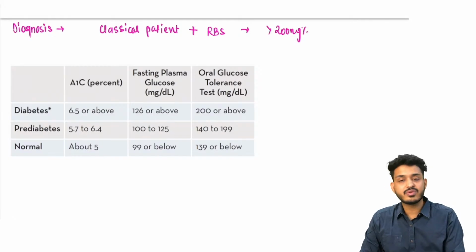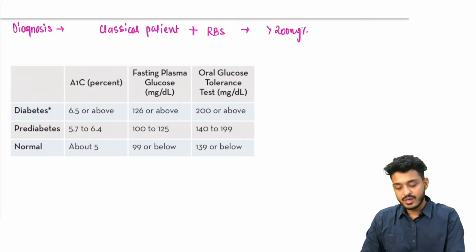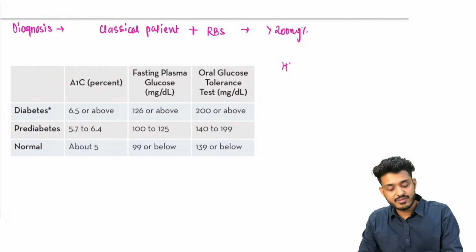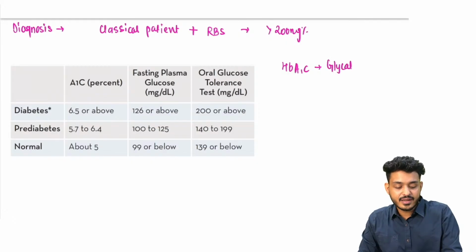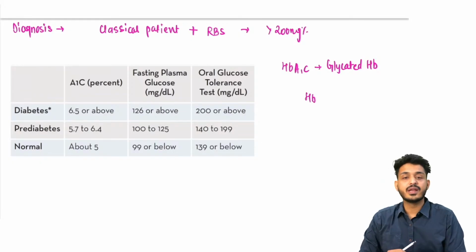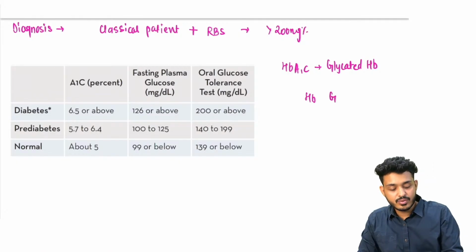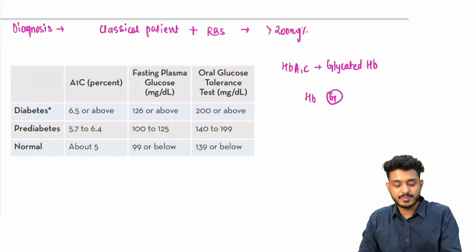Apart from that, you can also check for the values of HbA1c. What is this HbA1c? This is going to be your glycated or glycosylated hemoglobin. So RBCs will be having hemoglobin, and you will also be having glucose in the blood, right?